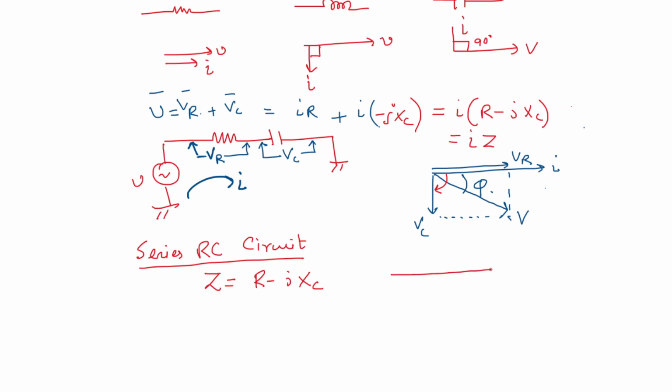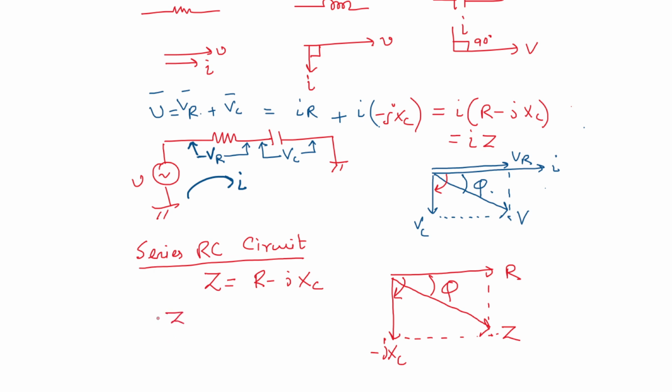So here it is R, and we have j XC in this direction with a minus sign, of course, because it is giving you the clockwise direction, and this is your Z, and this angle is phi.